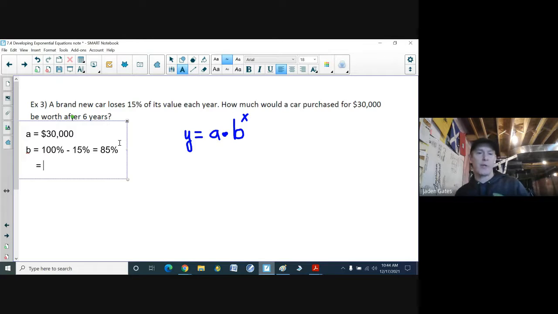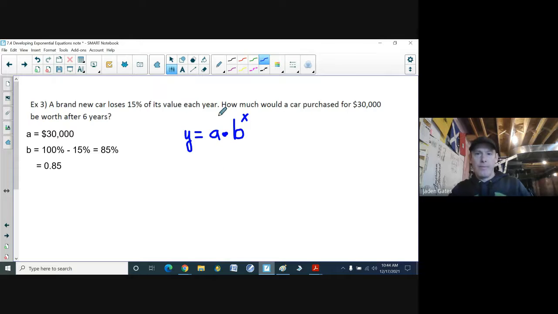Convert that to a decimal, and I end up with 0.85. Now plugging in, we get y equals $30,000, our b value is 0.85, and we have to the power of x.